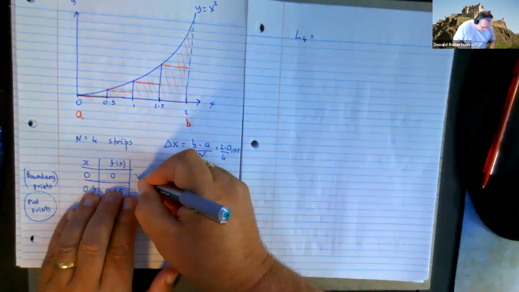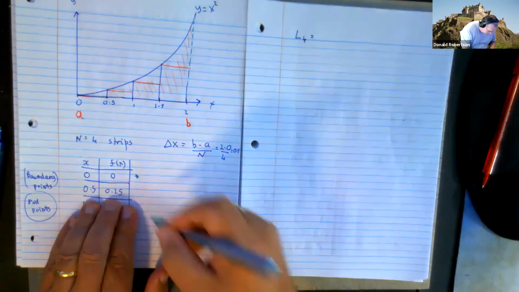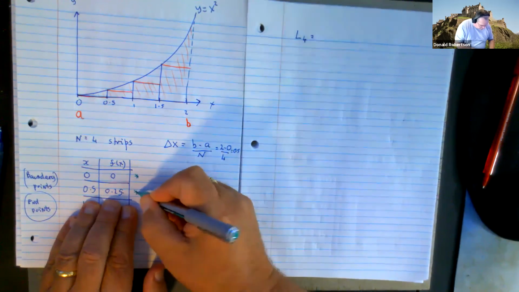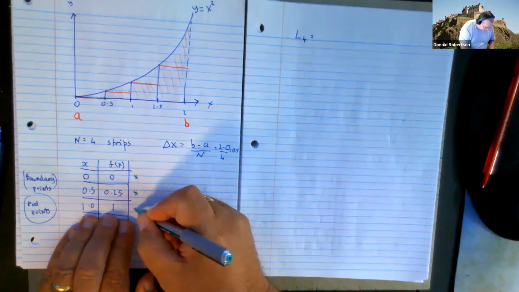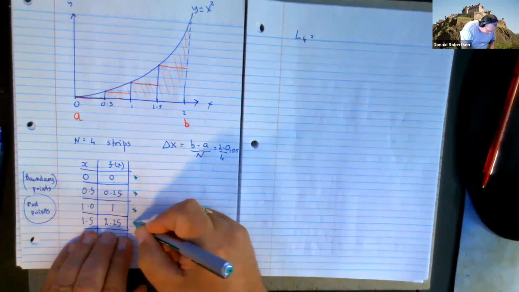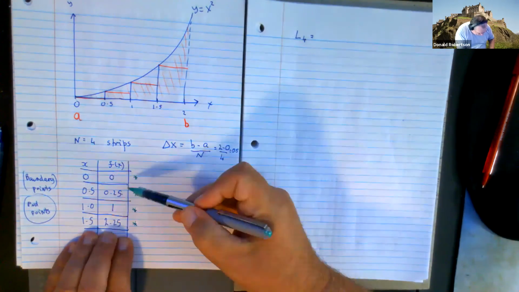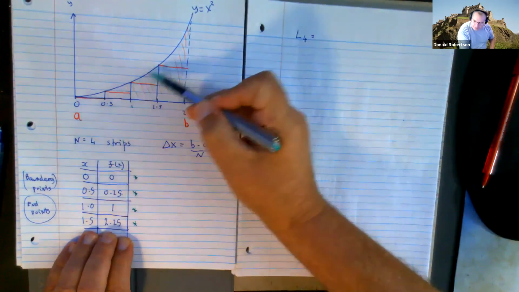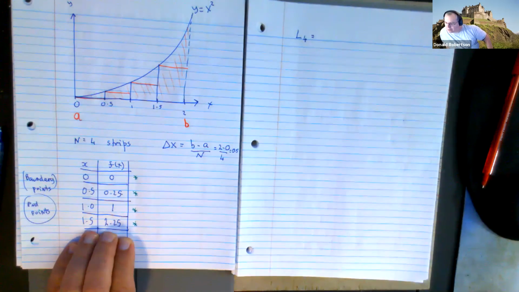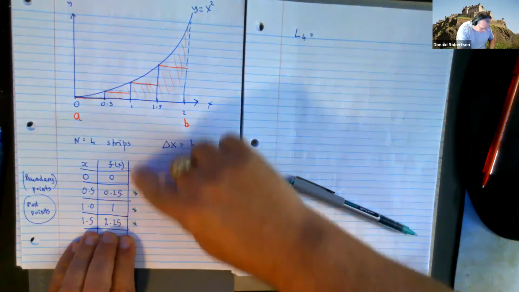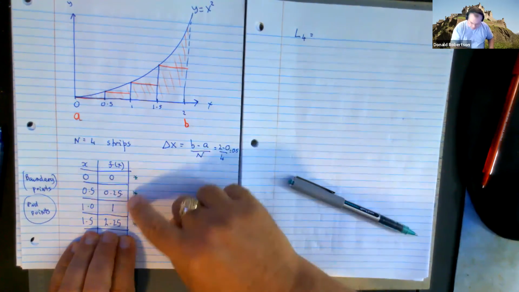That's going to be the height of the first rectangle. This number here is the height of the second rectangle. This number here is the height of the third rectangle. And this number here is the height of the fourth rectangle. Do you see it's much better if I've got numbers than trying to read off from some graph? Right, I've got real values. So if I'm going to do L4, isn't that the only numbers I need? The heights of the four rectangles.